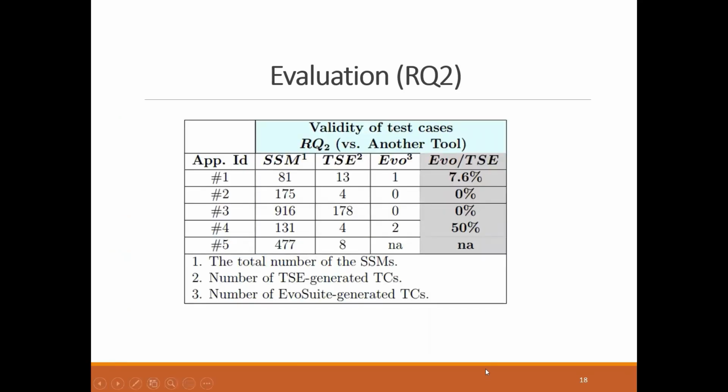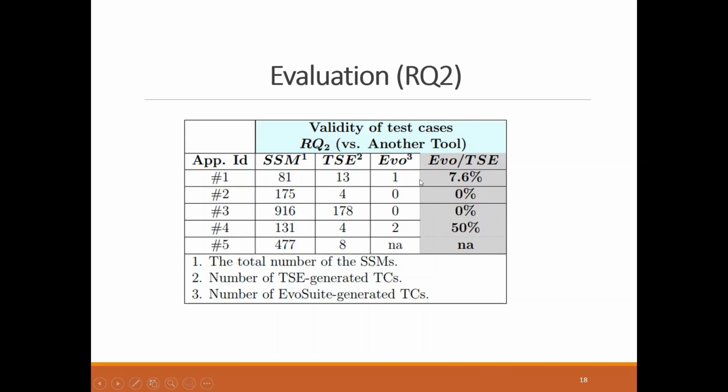To make some sort of fair comparison, we only generated the test cases for methods that are structurally similar. For one application, we were not able to generate test cases using EvoSuite, so there are no statistics for that one.